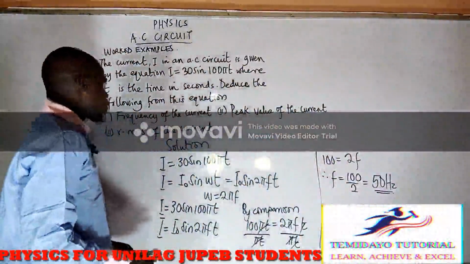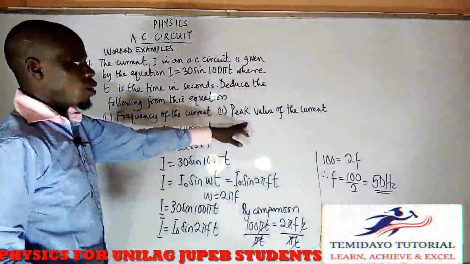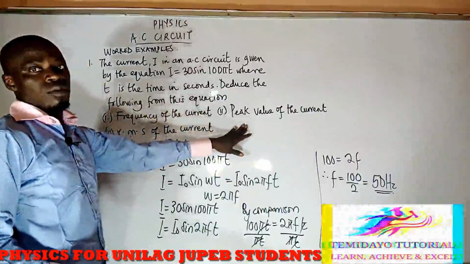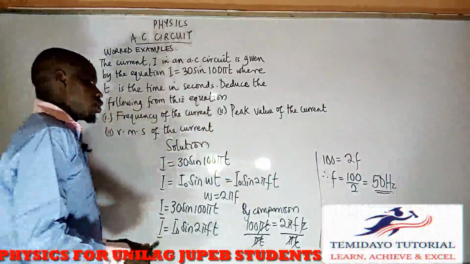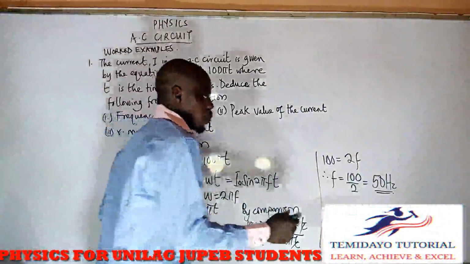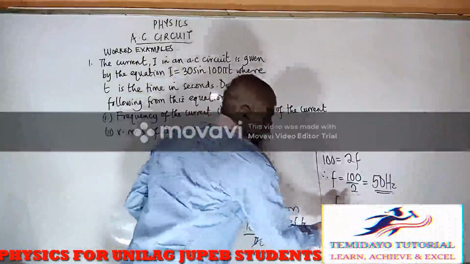And also, we are going to see that the peak value is another thing you have to determine. How will you determine your peak value? Our peak value is I naught.